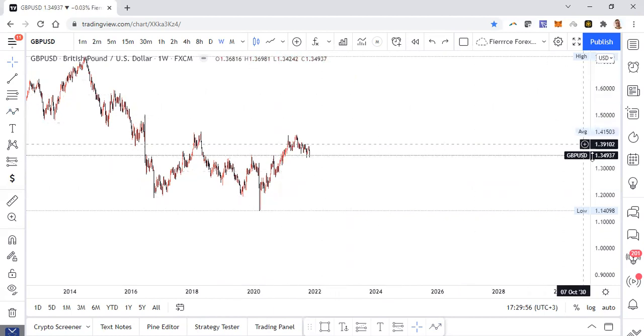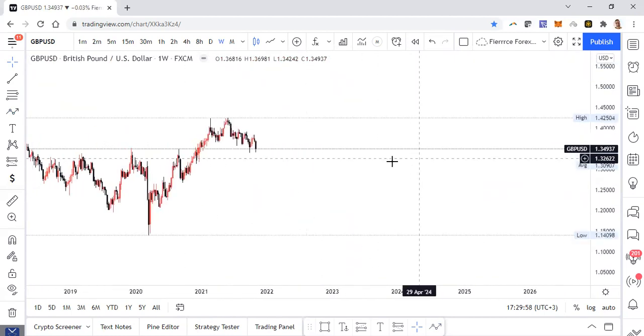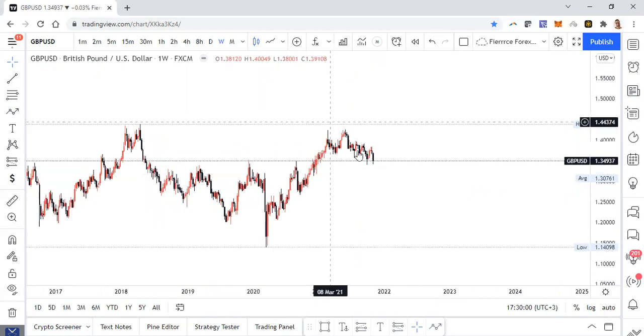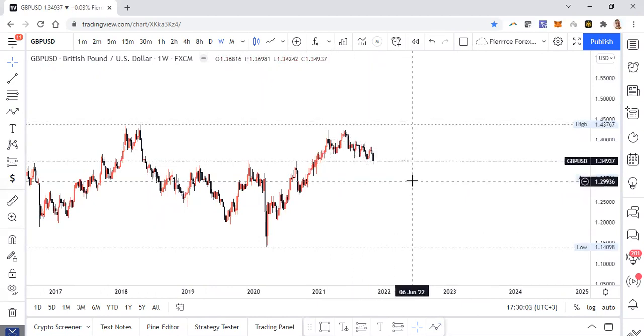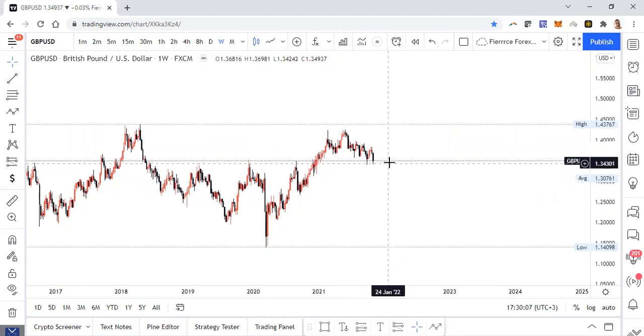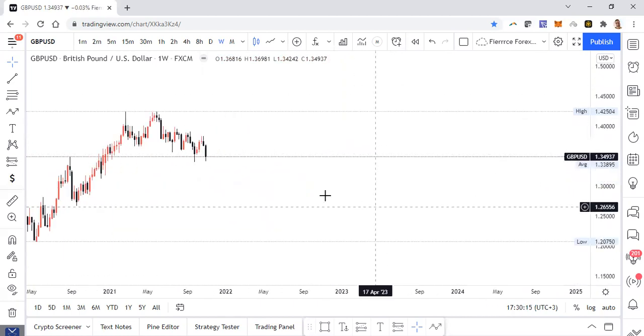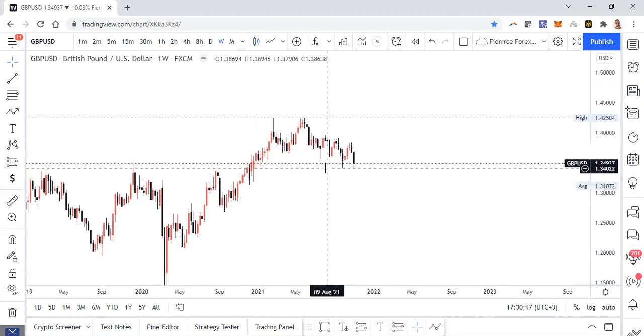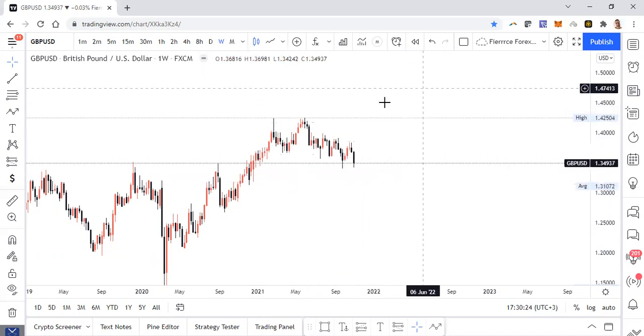So right now, the last couple of weeks, GU has been retracing lower, and then it got to an interesting zone here at the 1.34748, and it's just been rejecting this zone. So for me, what I'm seeing is just opportunity for GU to bounce off and continue on to the upside.